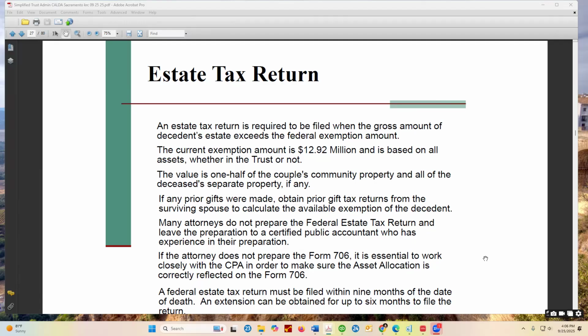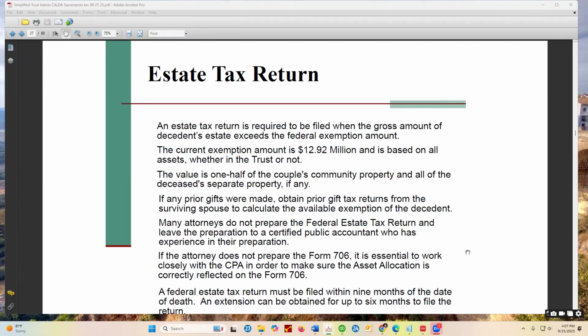Having said that, if you have an estate, let's say worth 20 million, and it's husband and wife, and one of the spouses dies, what you can do is voluntarily file an estate or inheritance tax return on Form 706 so that you can determine that exclusion from tax is 15 million.